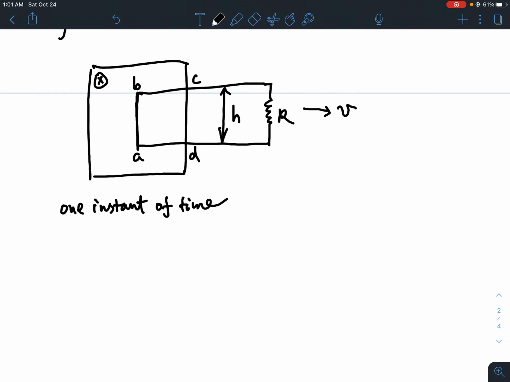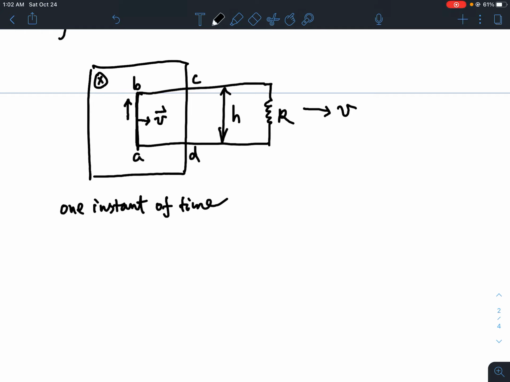This is the segment AB, and it's moving with a speed of v here. It is inside the magnetic field, so the electrons will have this Lorentz force applied, which is v cross B. v is on the right side, and B is pointing into the page.